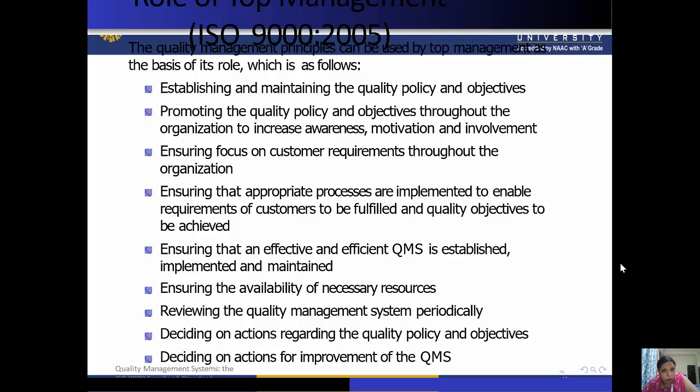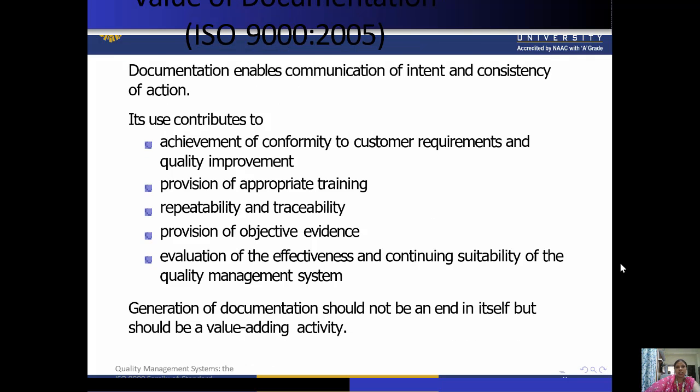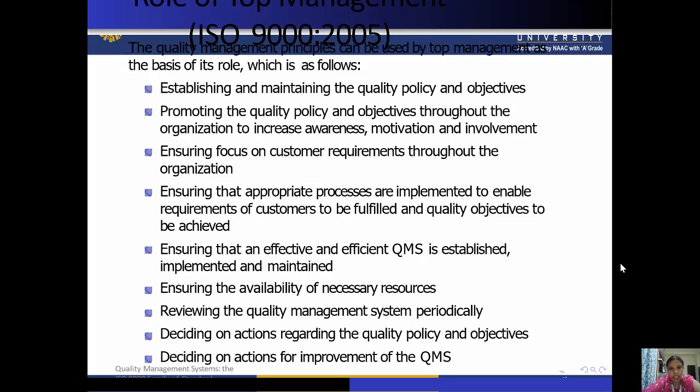So that is the top management's duty, that they should take the decisions related to the quality policy and objective, and also improvement in the QMS. If they need an improvement of the QMS, they can propose a change in the quality policies as well as objectives. Okay, so these are some of the roles of top management.